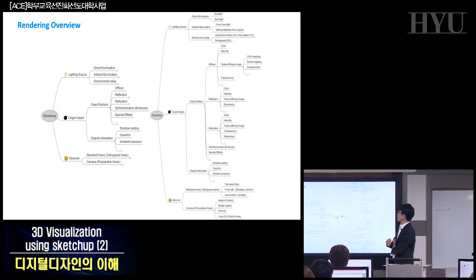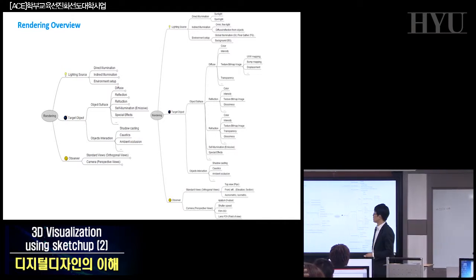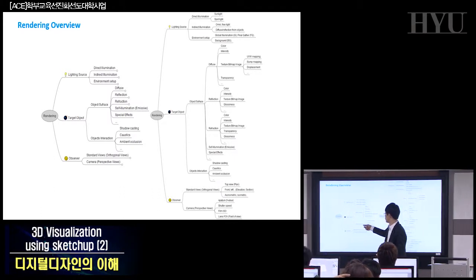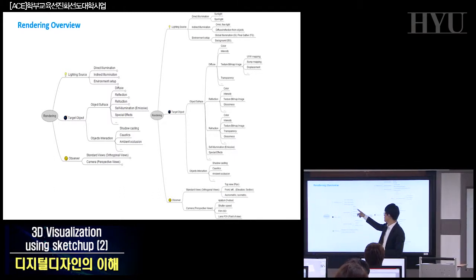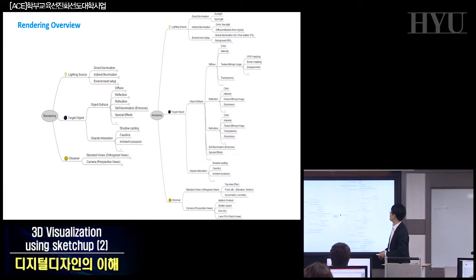So here I list all about rendering. The target object has object surface and object interaction. Object surface has diffuse, reflection, refraction, and so on. Diffuse has color, intensity, texture map. Reflection also has color, intensity, texture map.